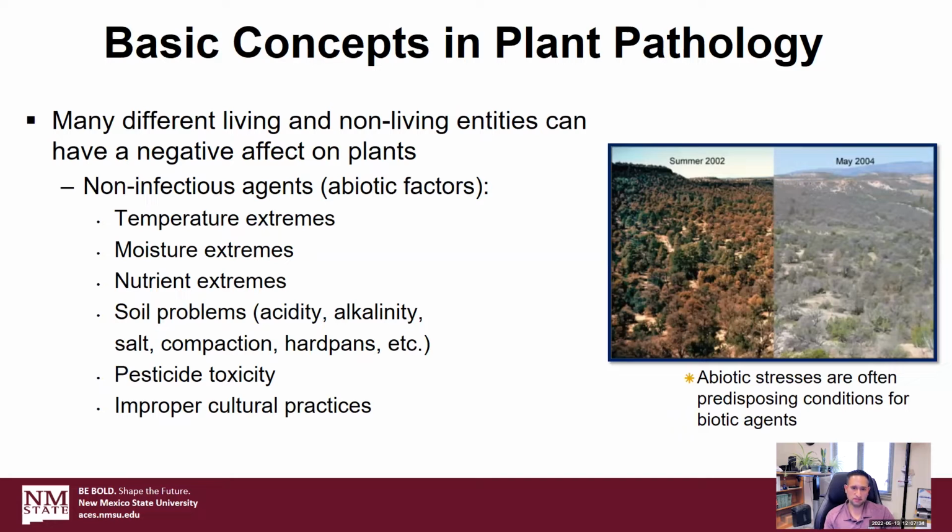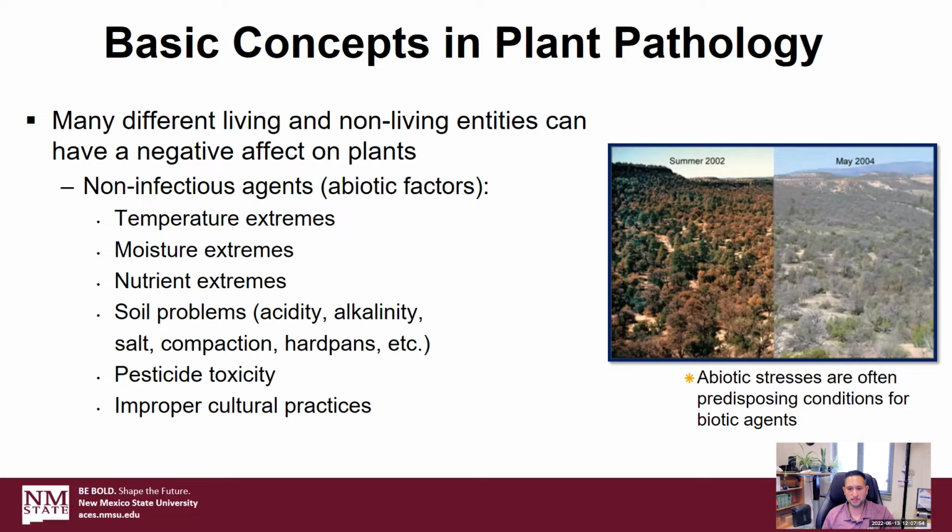Nutrient extremes, same thing. You may be adding too much fertilizer. There can be some nutrient toxicity. Soil problems, especially here. We have very alkaline soils that can cause issues. You can see salt damage.